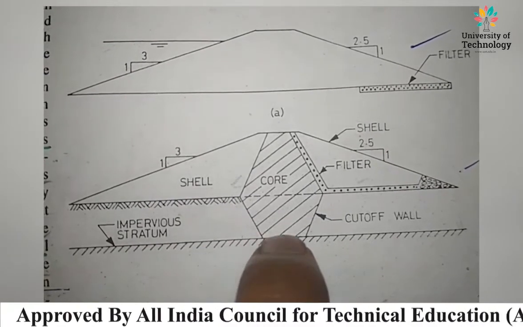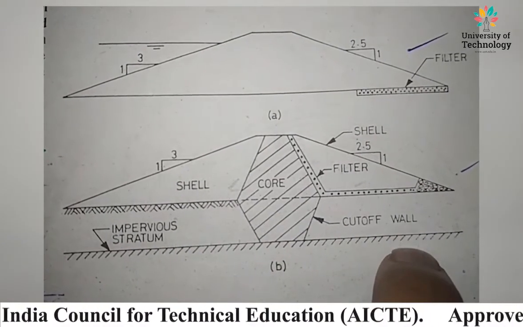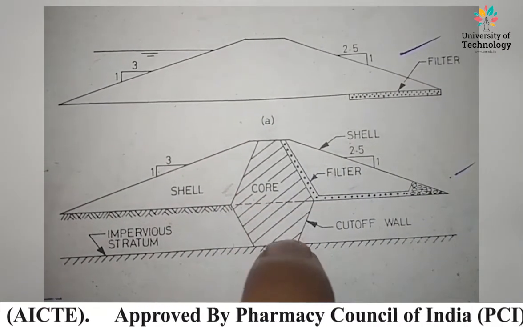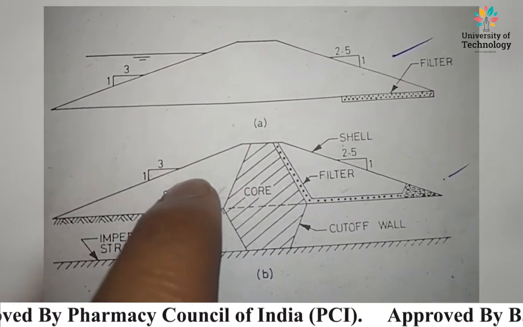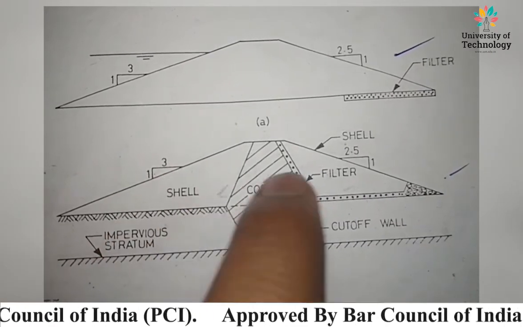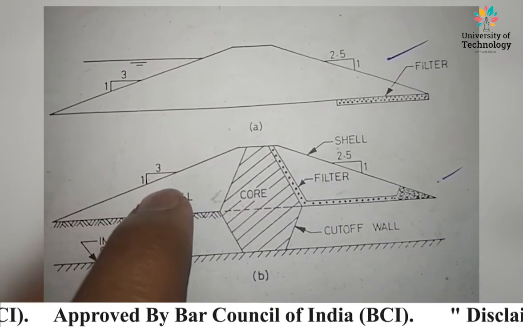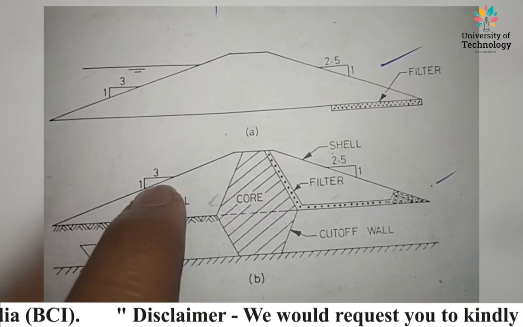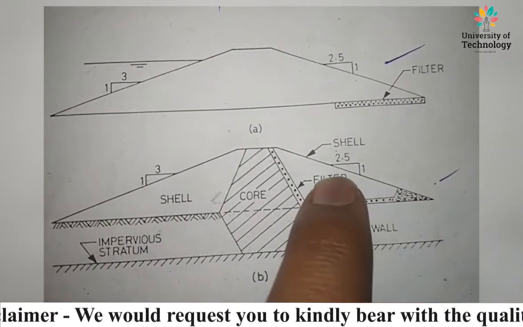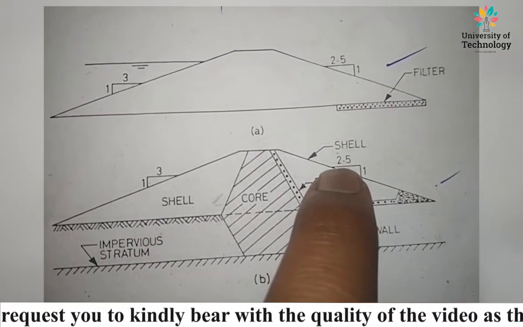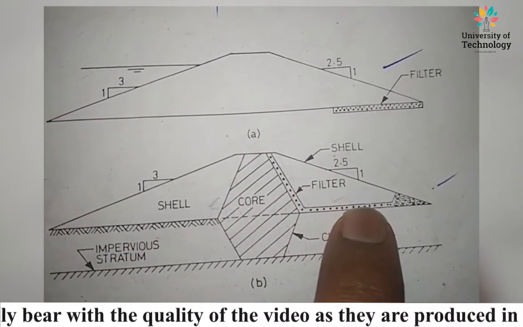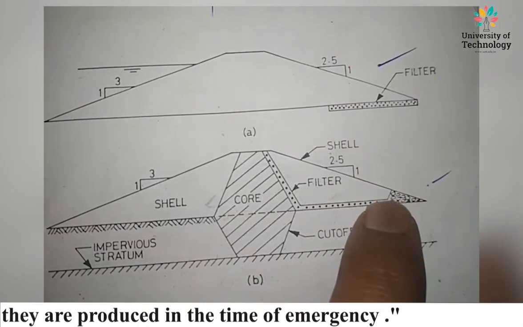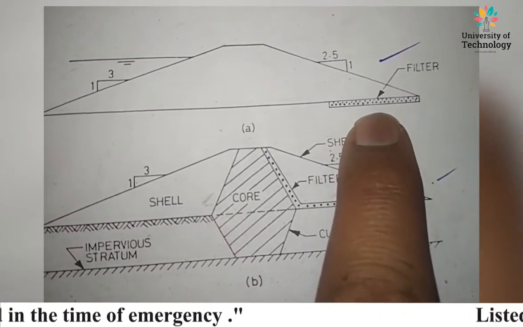Okay, it is a solid layer beneath this dam. And there are two types of slope provided in each stream. In upstream, the slope provided is 3:1, and in downstream 2.5:1.